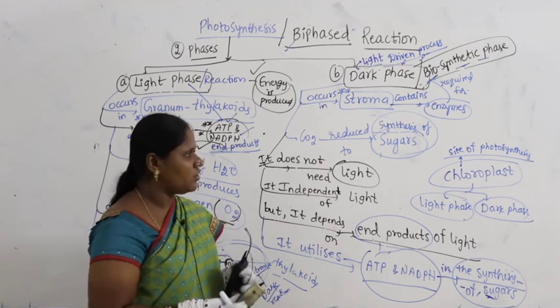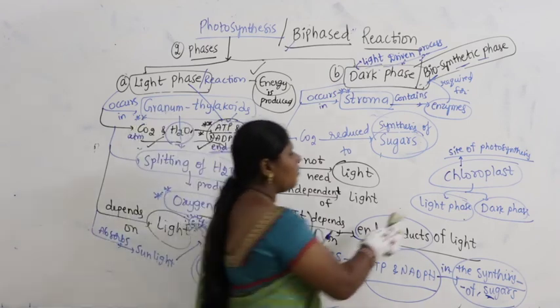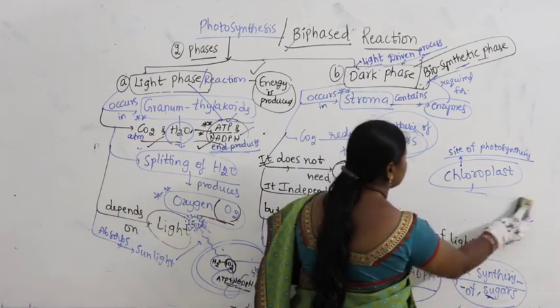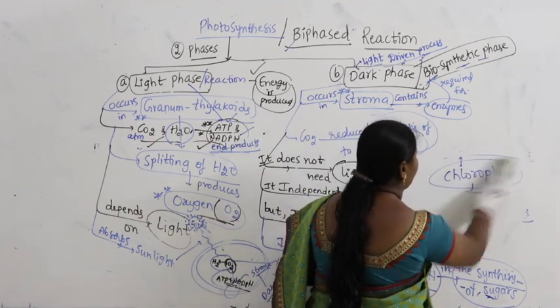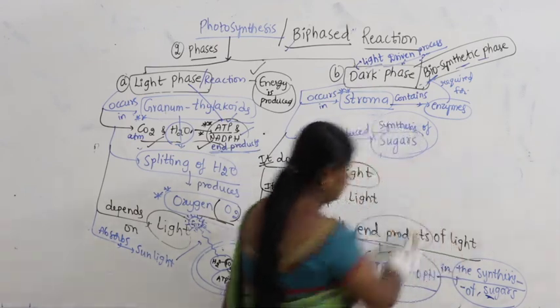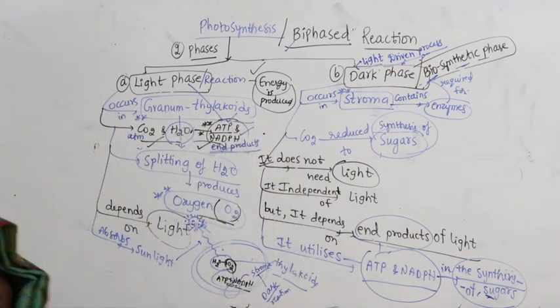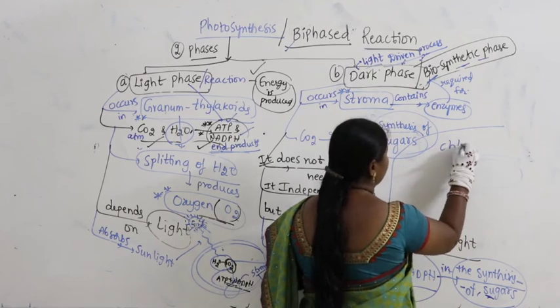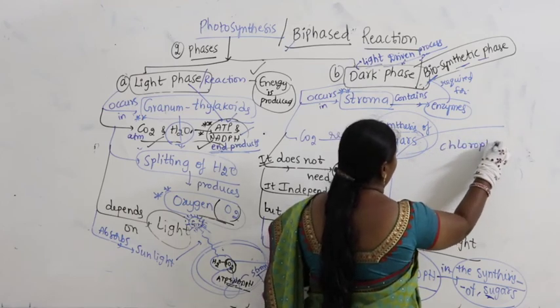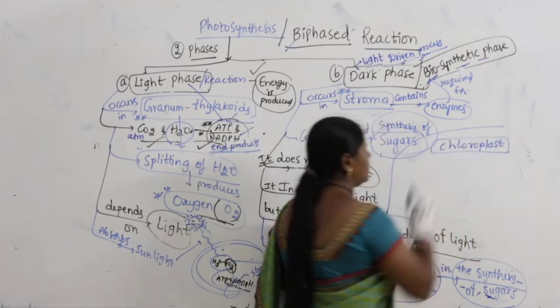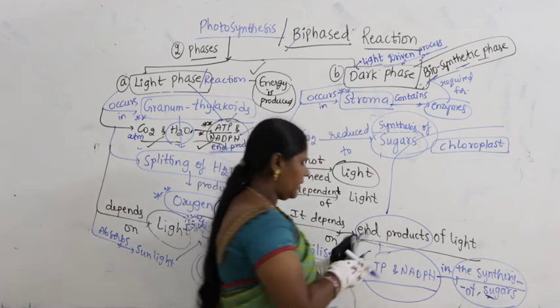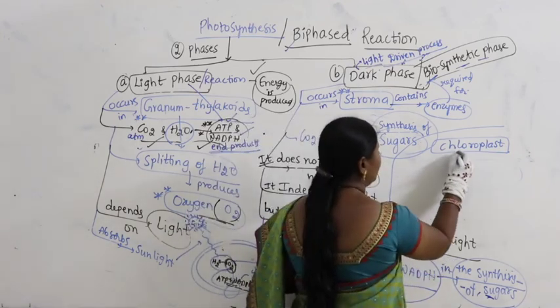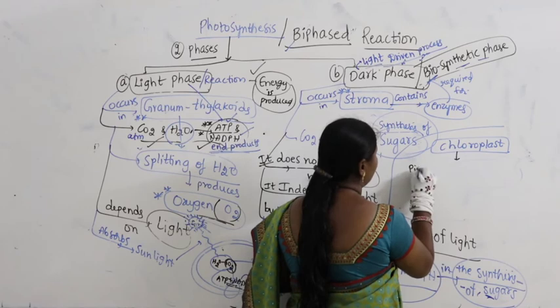Now, what else is very important? If you can remember, what are the functions of the chloroplast we discussed? I am just writing here. Chloroplast, what does it contain? It contains important pigments. What is the pigment it has?